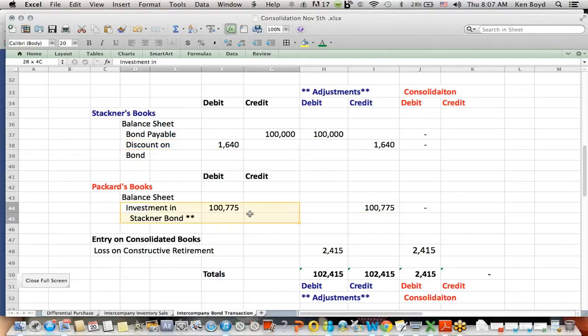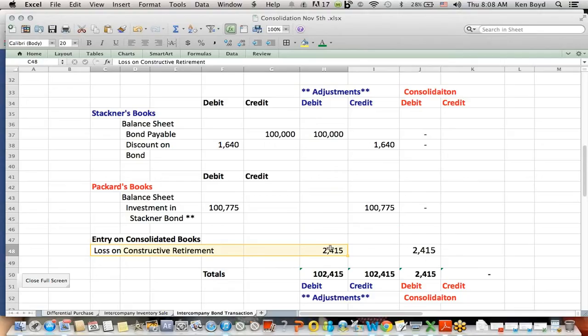And the debit that was on the buyer's books is credited, so that all goes away. Now there's a difference. In other words, in order to make debits equal credits in our adjustments, we need a 2,415 debit to make everything balance, so our adjusting debits and credits balance at a total of 102,415.